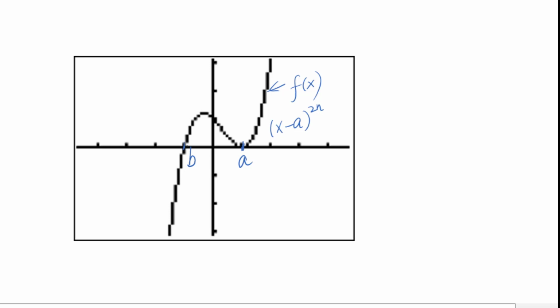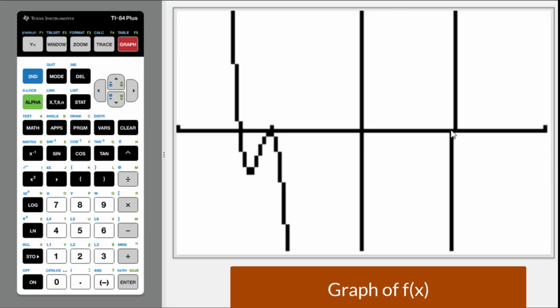When the graph crosses the x-axis at B, the function has a factor of x minus B to the odd power. We know this is 1. Here is a -1. The graph bounces back at x equals -1.